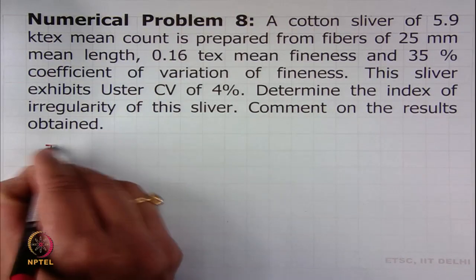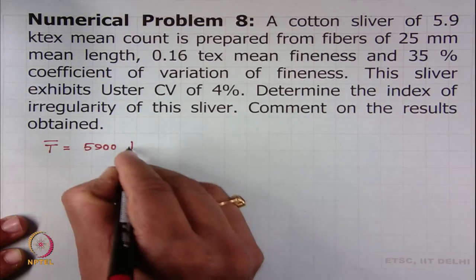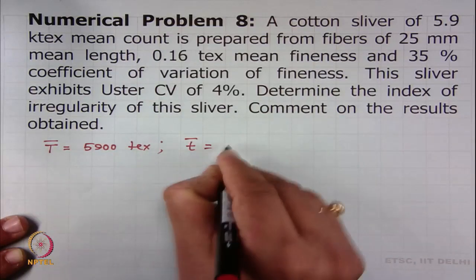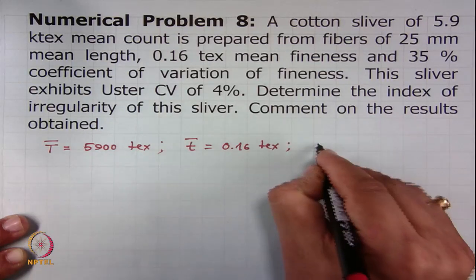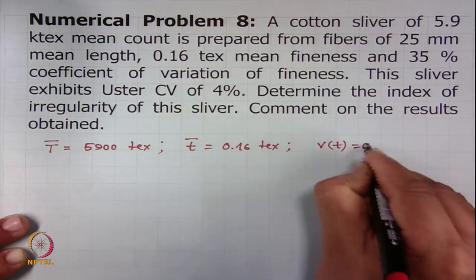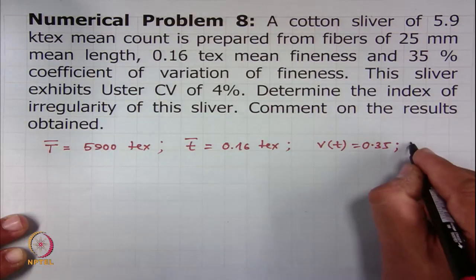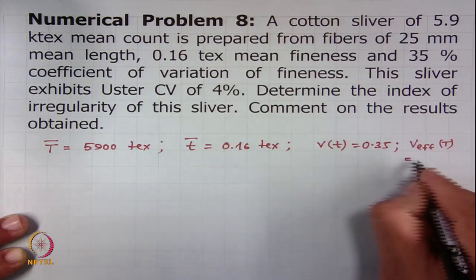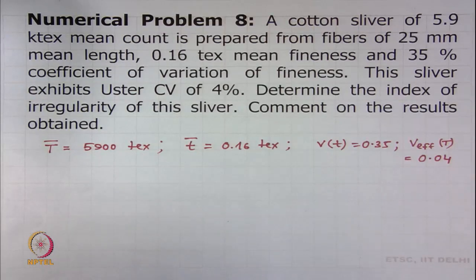So, capital T bar is given, tex, small t bar we will require, tex, V_t is given and actual CV is given. You have to find out index of irregularity.